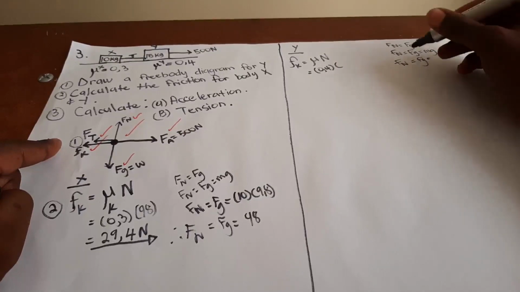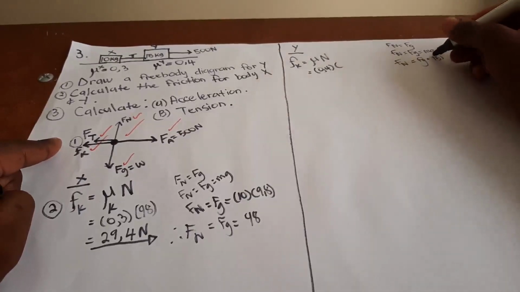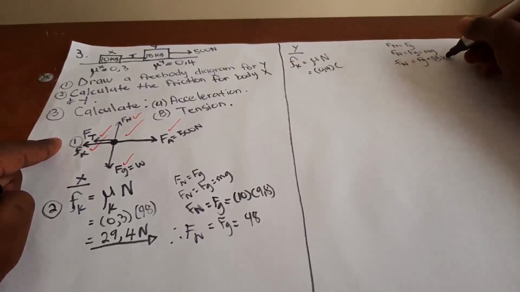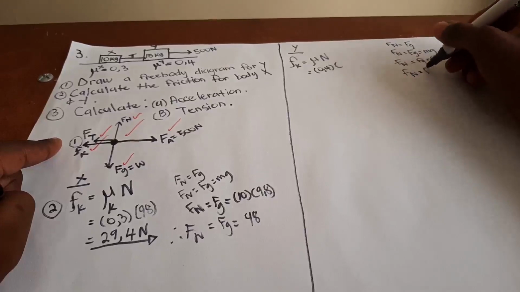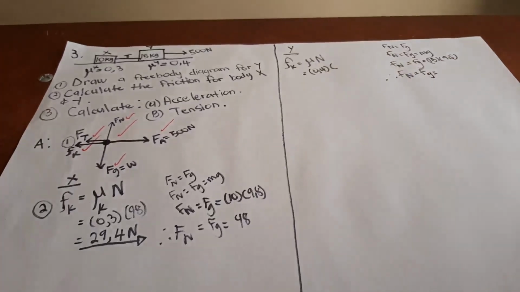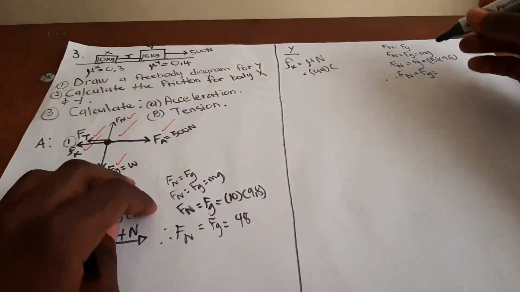What's the mass? It's 15 multiplied by 9.8. So our normal force equals gravity, which equals 15 multiplied by 9.8. That becomes 147 newtons.